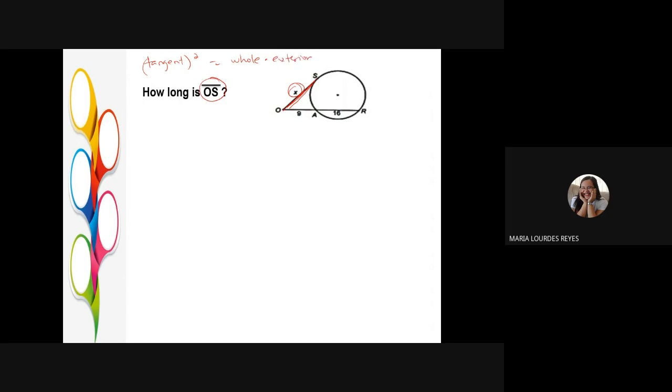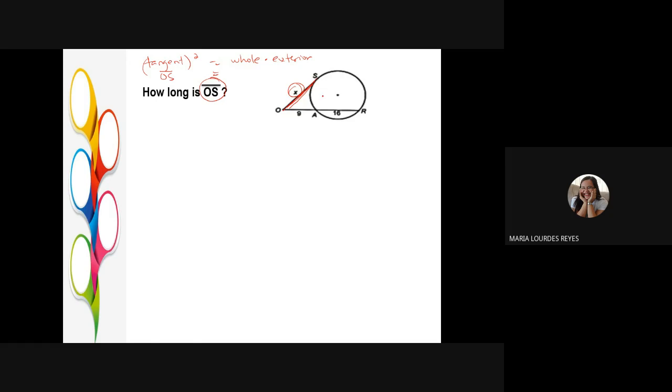Okay? So, ano bang pangalan ng tangent natin, class? What is the name of the tangent in the figure? Can you tell me? Cassie? What is the name? Line segment what? OS po. Okay. So, we have the tangent is line segment OS.